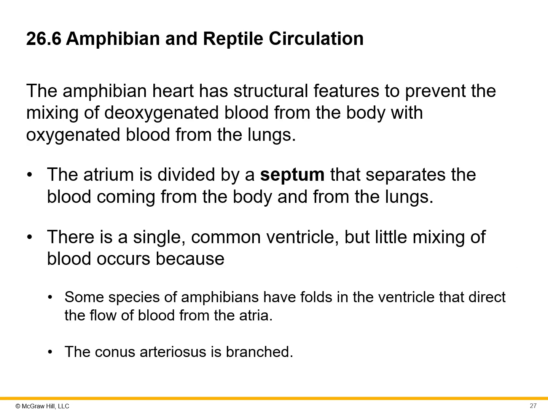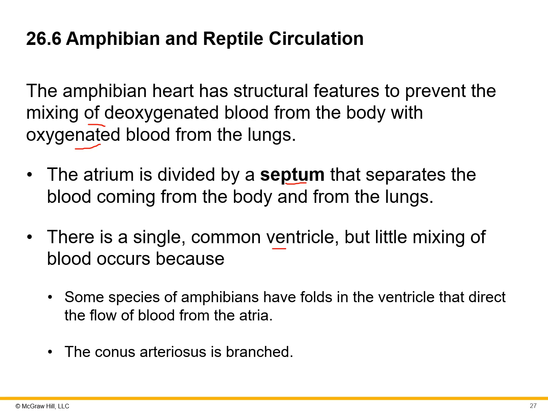Now, amphibians and reptiles. The amphibian heart has features to prevent the mixing of deoxygenated blood from the body with the oxygenated blood from the lungs. In the atrium, it's divided by a septum that separates the blood, so it keeps the oxygenated away from the deoxygenated.